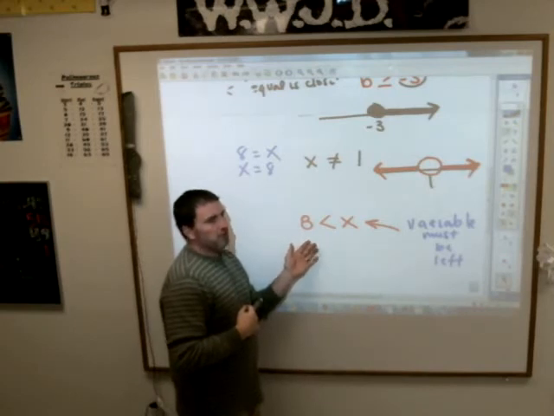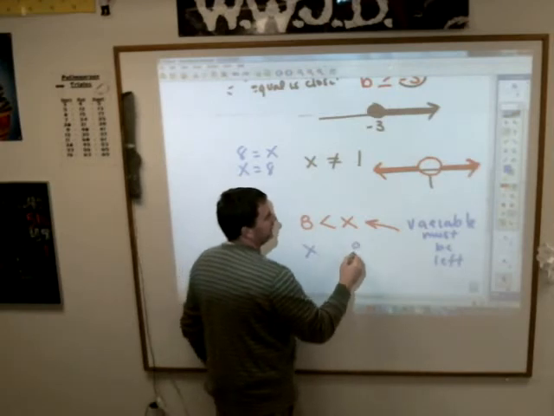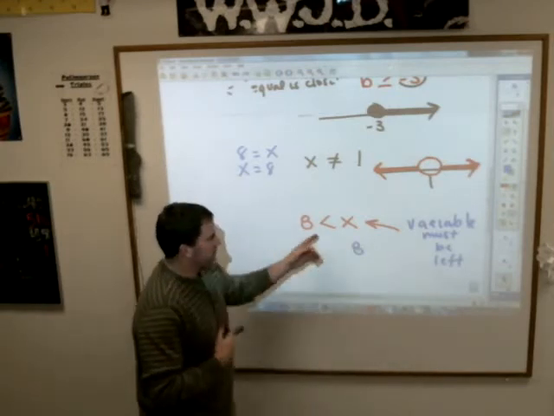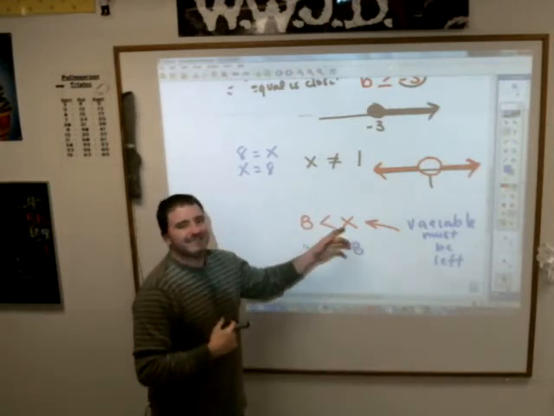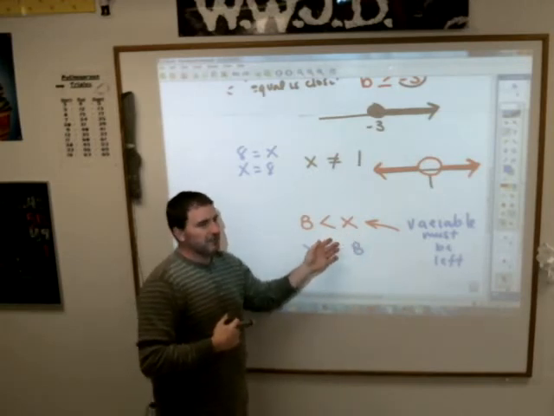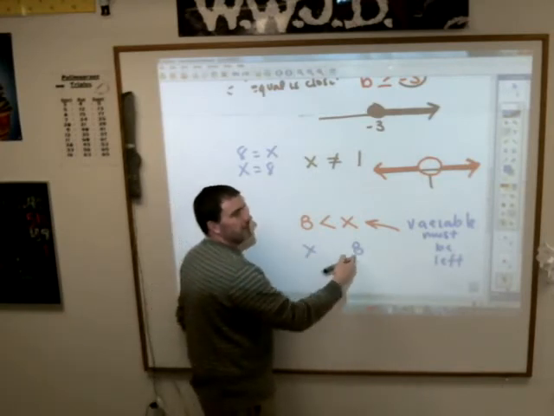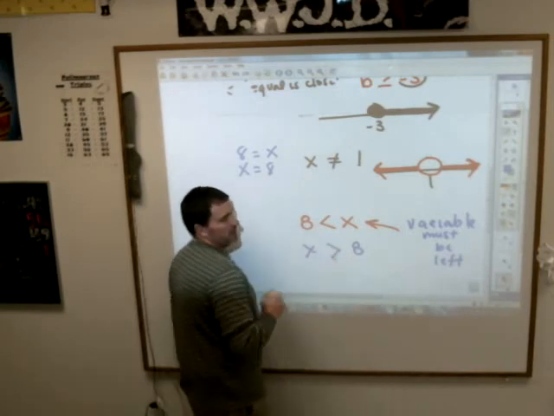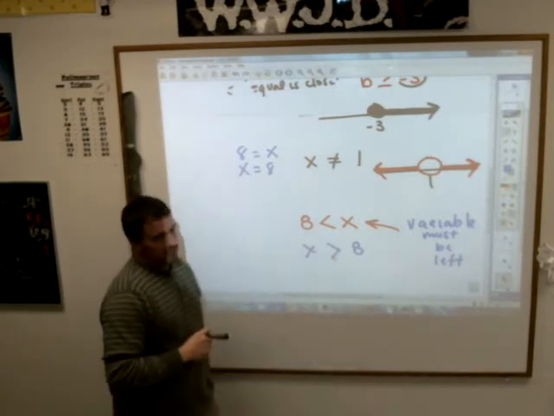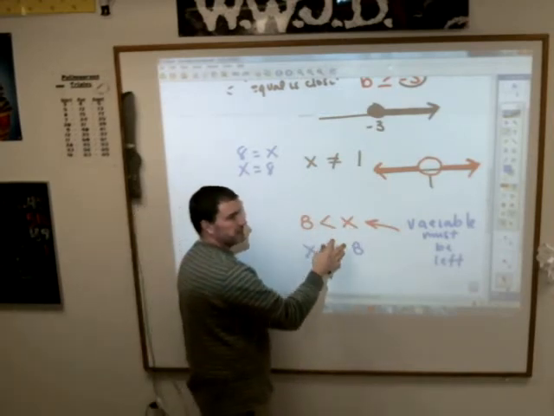When you flip-flop these, when I put the x over here and the 8 over there, what you must realize here, see the little alligator? He's eating the x because the x is bigger than. Well, the alligator is still going to eat the x when you flip-flop it the other way around. So if you flip-flop the two numbers, or the letter and the number, you must also flip-flop the sign. Because the little alligator likes to eat the x in both cases.